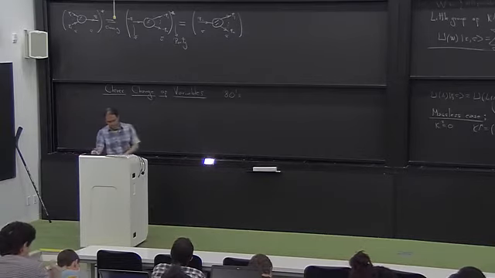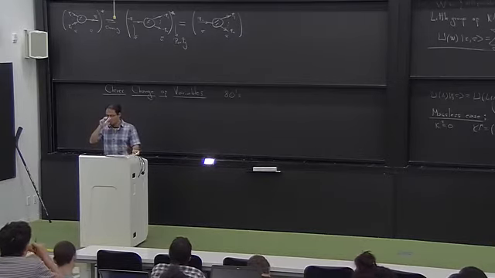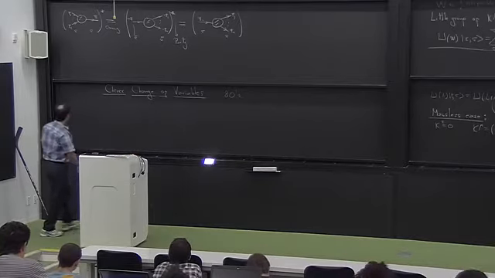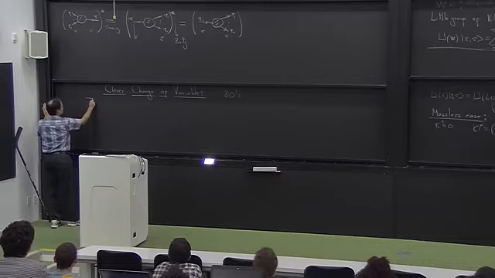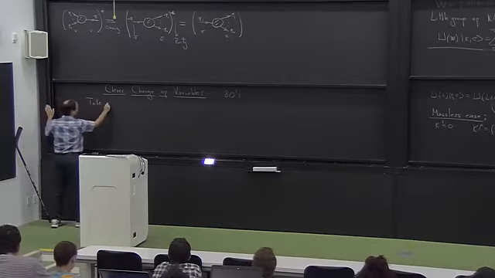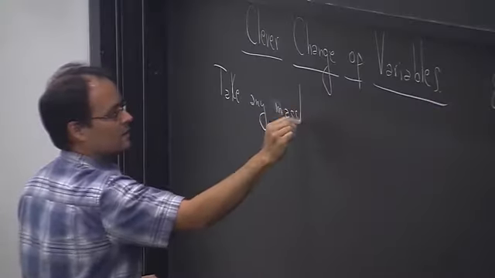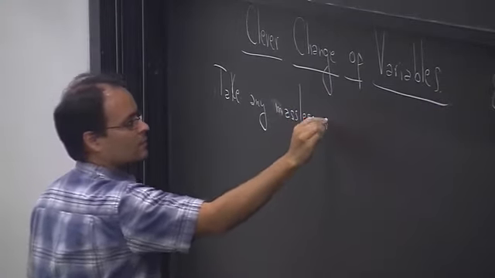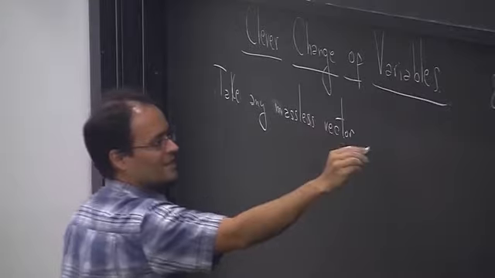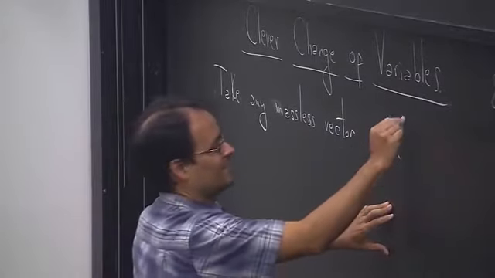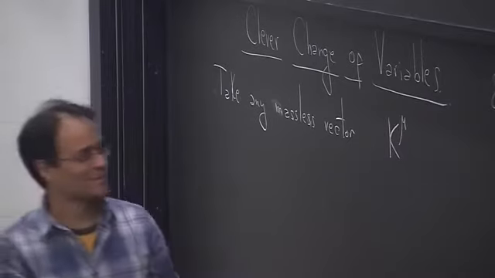Let's see. Here is the idea. Take any massless vector. For no reason whatsoever, I'm going to call it K.